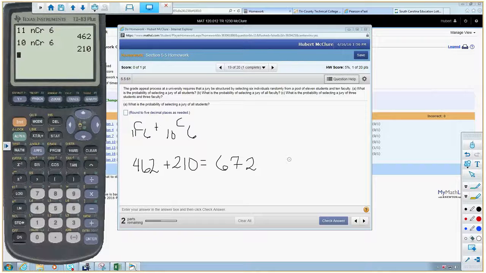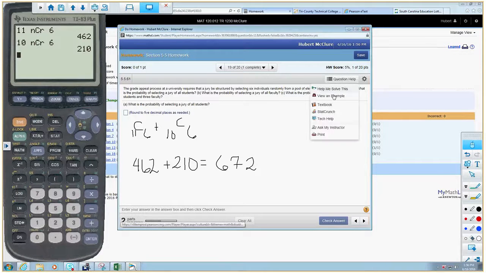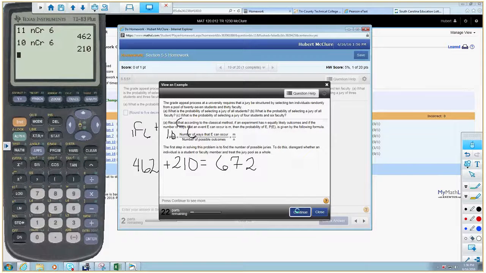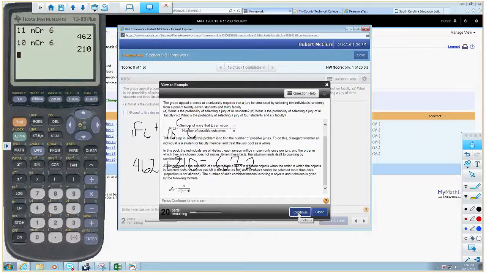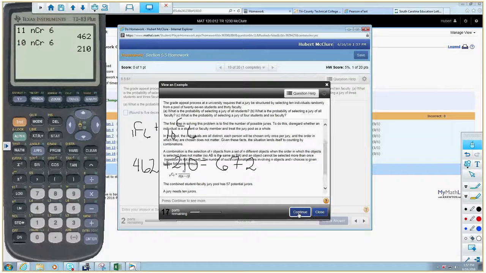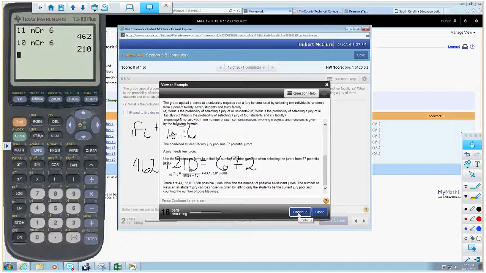That's A and B. To find 3 and 3, do you just change 6 to 3?